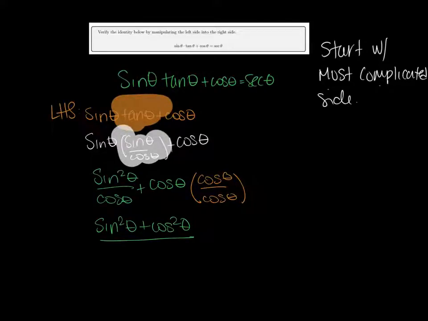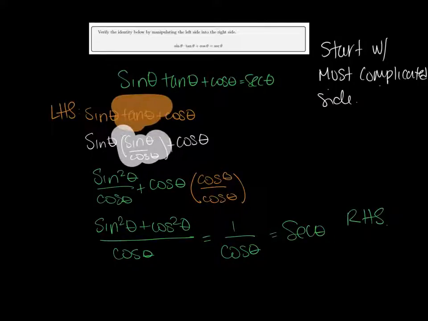My common denominator is cosine theta. Using that Pythagorean identity, we see that this results in 1 divided by cosine theta, which is secant theta, which leads us to the right-hand side. This is how you verify this identity. Remember, we manipulated the most complicated side, and we put everything in terms of sine and cosine before we started.